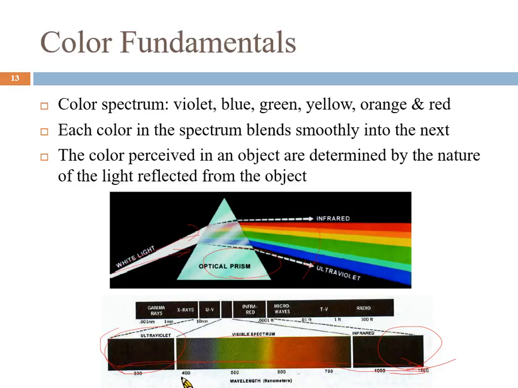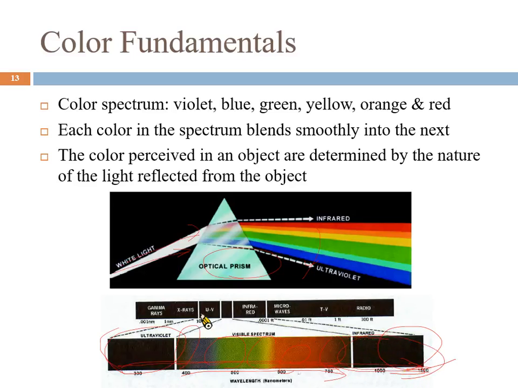From shorter wavelengths to longer wavelengths, we perceive dark blue, green, yellow, orange, and red. For very short wavelengths, we perceive ultraviolet, and for very long wavelengths, we perceive infrared.